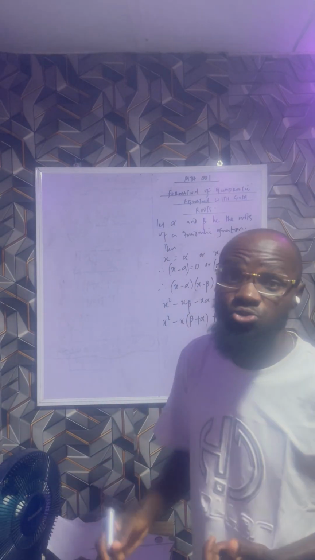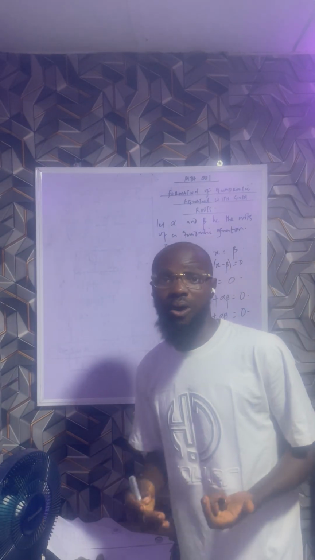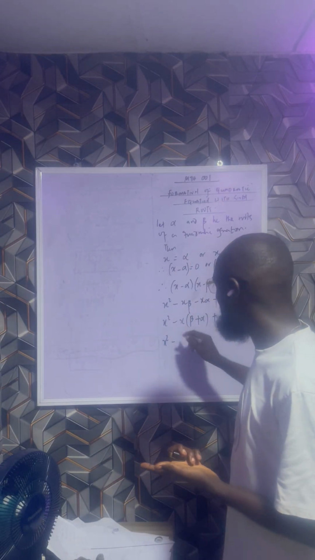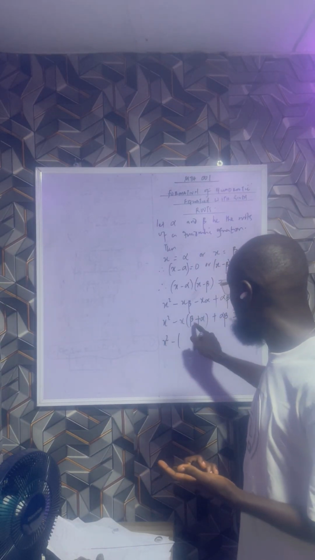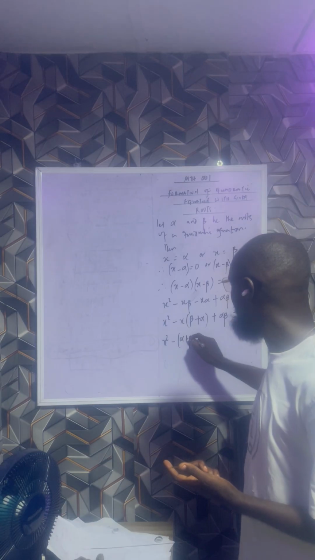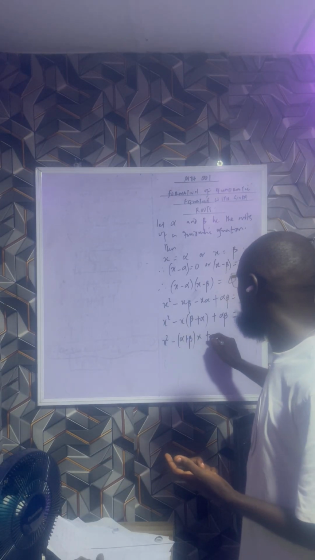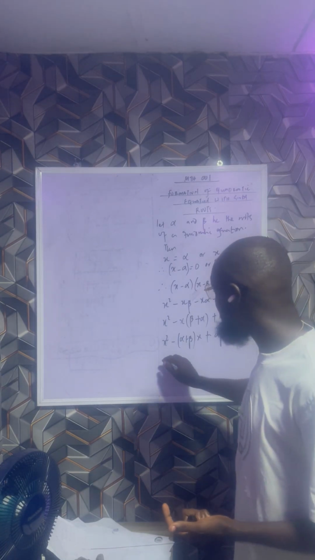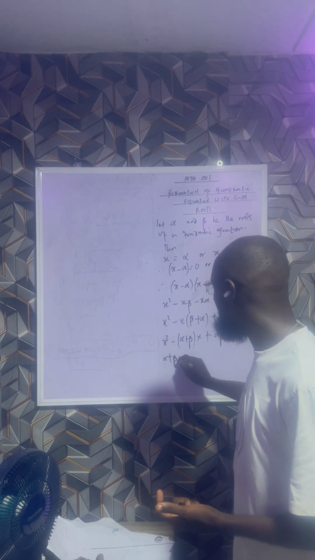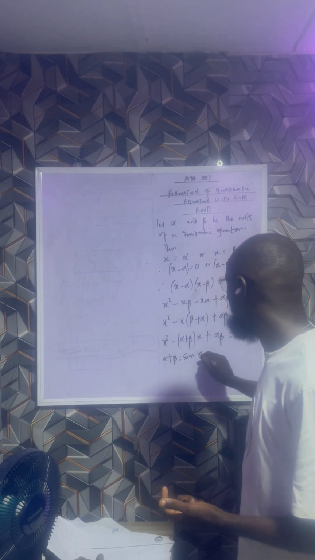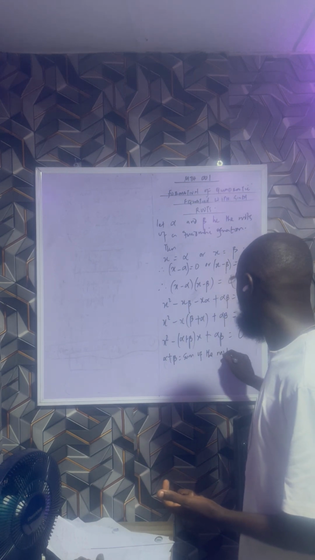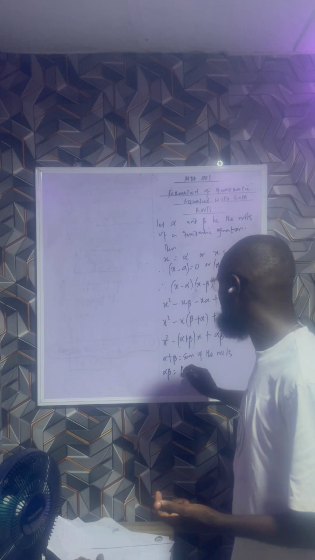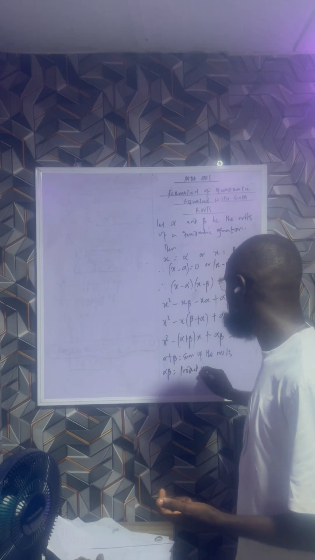So if I rearrange it very well, what I will have is x squared minus, open a bracket, alpha plus beta, into x, plus alpha beta equals 0, where alpha plus beta represents the sum of the roots, then alpha beta represents the product of the roots.